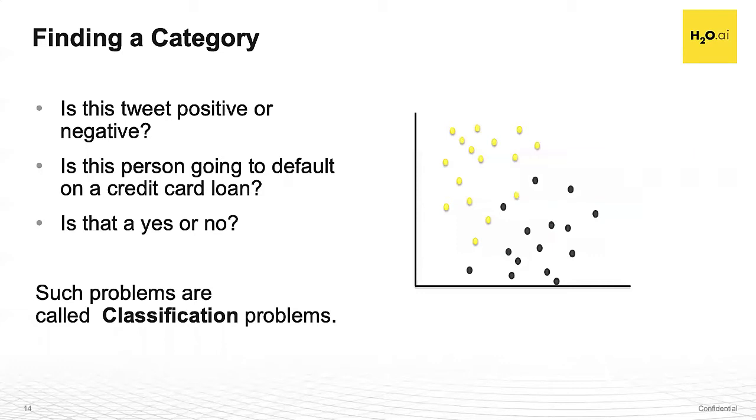So our job as data scientists is to create a model which could separate both the tweets. Now it would search for inherent patterns in the data, and it would want to classify the tweets in separate categories. So the yellow ones should go to the positive sentiment tweets, and the black ones should go to the negative sentiment tweets. And let's say this is a classifier which has created a boundary between the two.